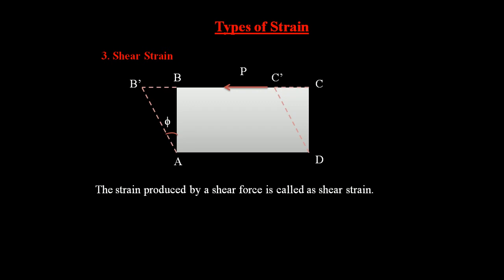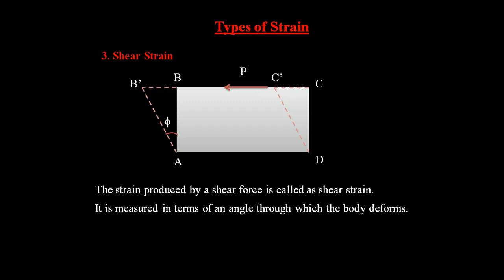But again, how can it be measured? How can we measure this shear strain? Here it is measured in the form of the angle through which the body deforms. Here the deformation of the body is taking place in the form of the angle, so that is why we can measure the shear strain in the form of the angle through which the body has deformed.